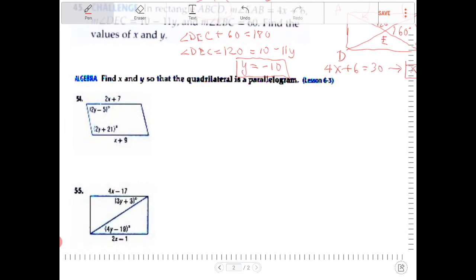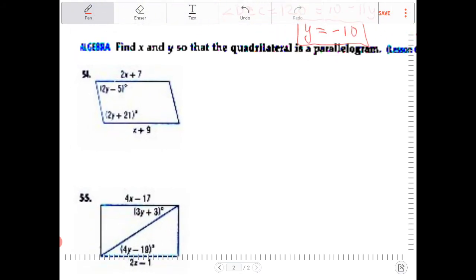Find x and y so that the quadrilateral is a parallelogram. Okay, so we know that 2x plus 7 should equal 4x, should equal x plus 9. Subtract x, subtract 7, x is equal to 3. Not only should opposite sides be the same, but also consecutive interior angles should be supplementary.